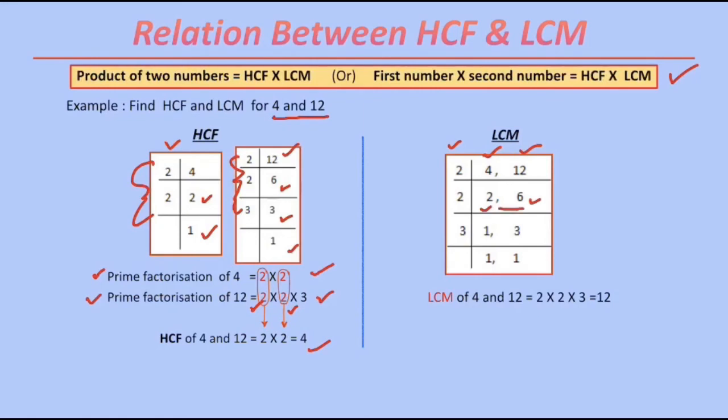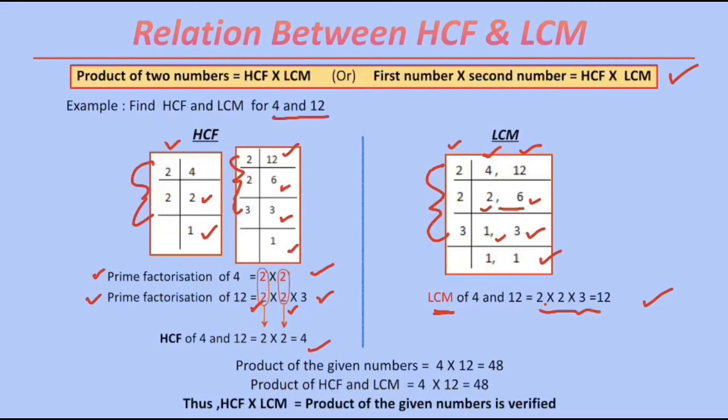These two numbers are again divisible by 2. 2 by 2 gives 1, 6 by 2 gives 3. Now this 3 is divisible by 3, giving 1 as a quotient. According to the formula, LCM is the product of all the prime factors. Here we have to multiply all the prime factors. 2 into 2 into 3 gives 12. LCM of 4 and 12 is 12.